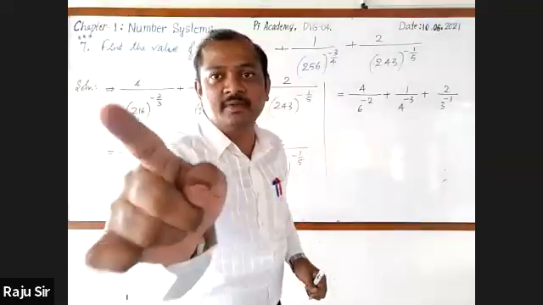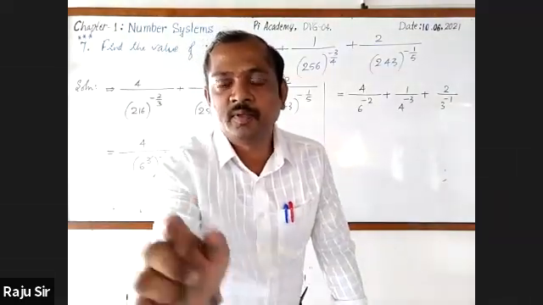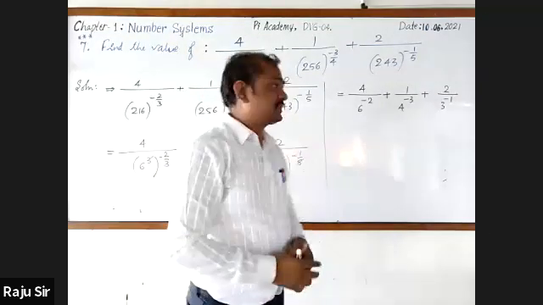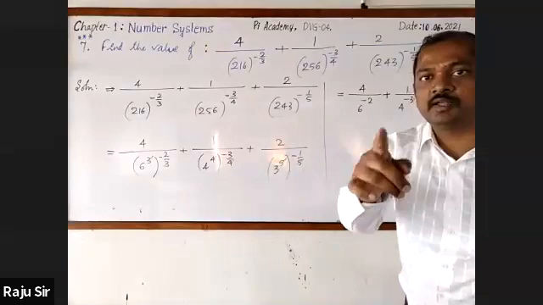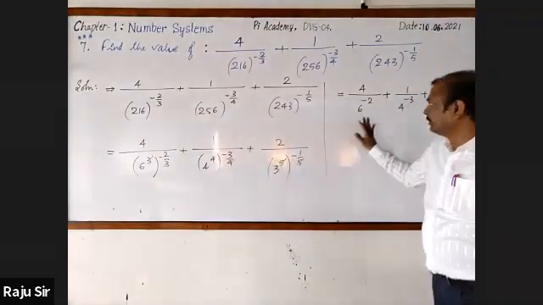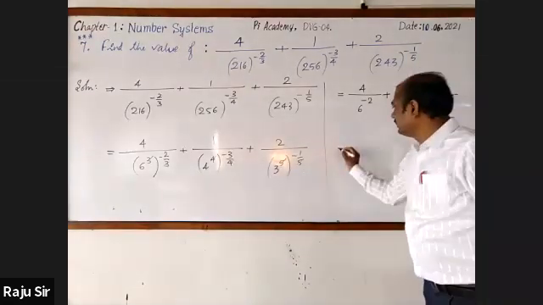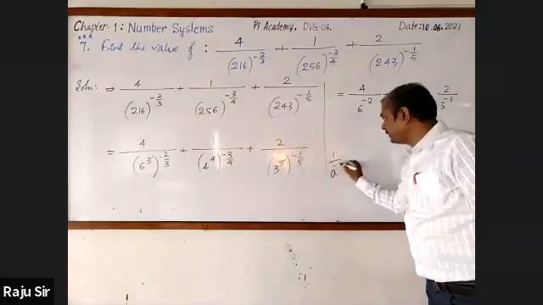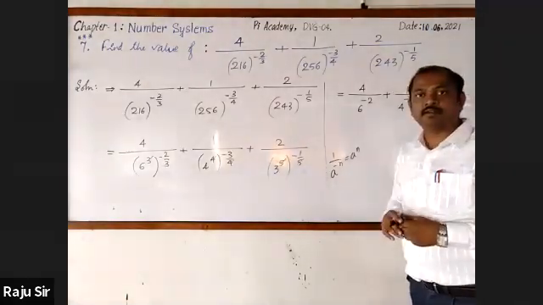Ah, somebody is telling. Very good, very good. Who is that? Sir, Mohammed Saleh. Yes. Both are correct only. Whatever earlier a boy said and Salik is telling, both are correct only. I will tell you how it becomes easy for you. We know that 1 by a raised to the power minus n, if it is like this, we will write it as a raised to the power plus n.